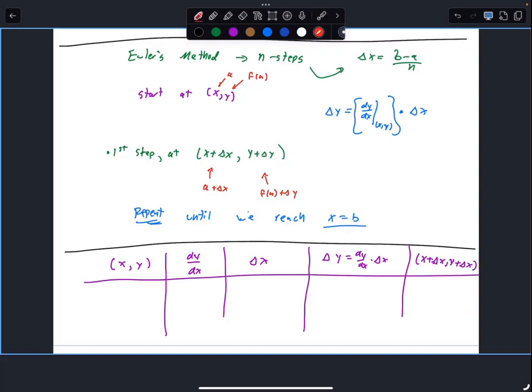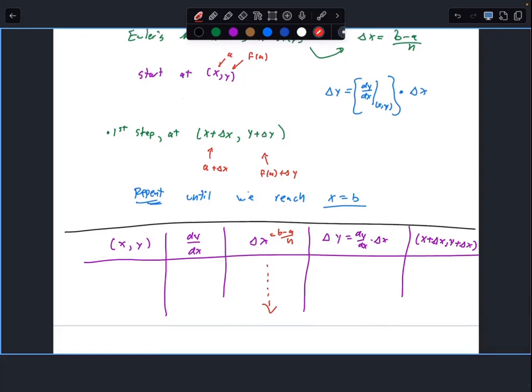Now, this delta x value will always be b minus a over n, so that will be the same value all the way down. And you have your starting point. Wherever your starting point is, you'll have it right in here. This is your starting point, a, f of a.